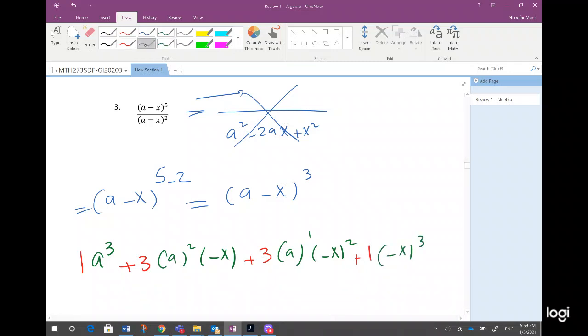Okay, let me change the color to green. Now simplify. So it is A cubed minus 3A squared X plus 3AX squared minus X cubed.